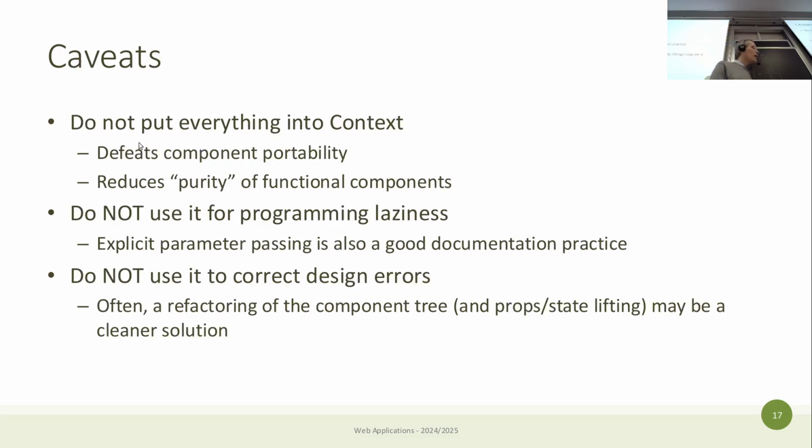Well, now you learned a very powerful mechanism to pass values around inside your application, right? So you might be tempted to use context for everything, and in principle it might work, but it will break a lot of things.